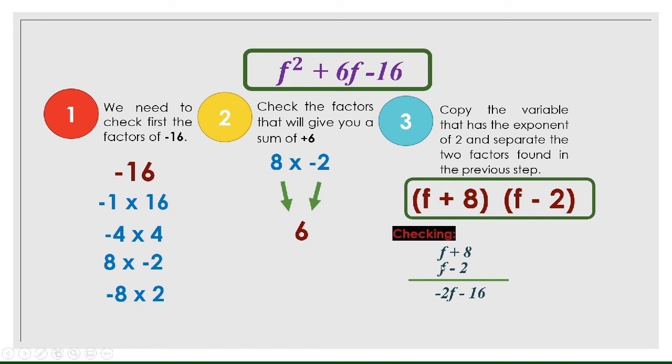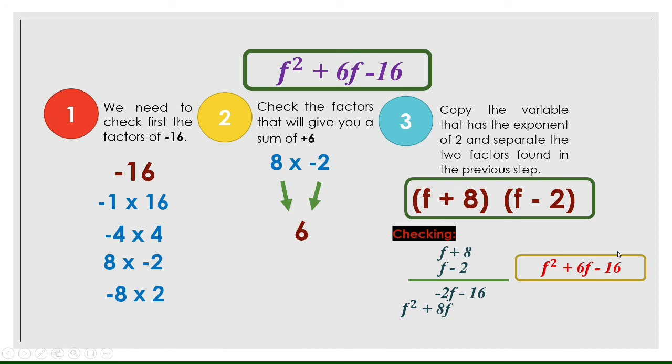Now, F times 8 is equal to 8F, and F multiplied by F is equal to F squared. So we drag down negative 16, and we add negative 2F plus 8F. So negative 2 plus 8 is equal to 6, and copy the variable F. So that's going to be a positive 6F, and drag down the F squared onto this side.